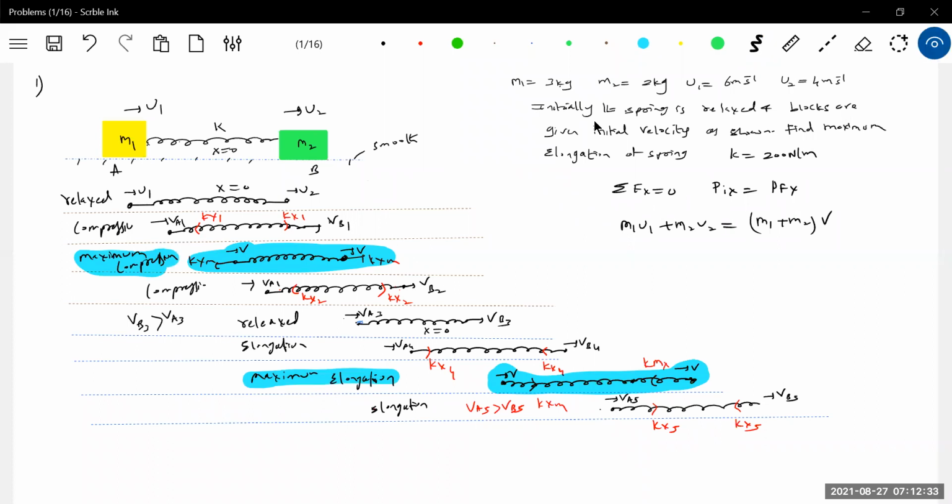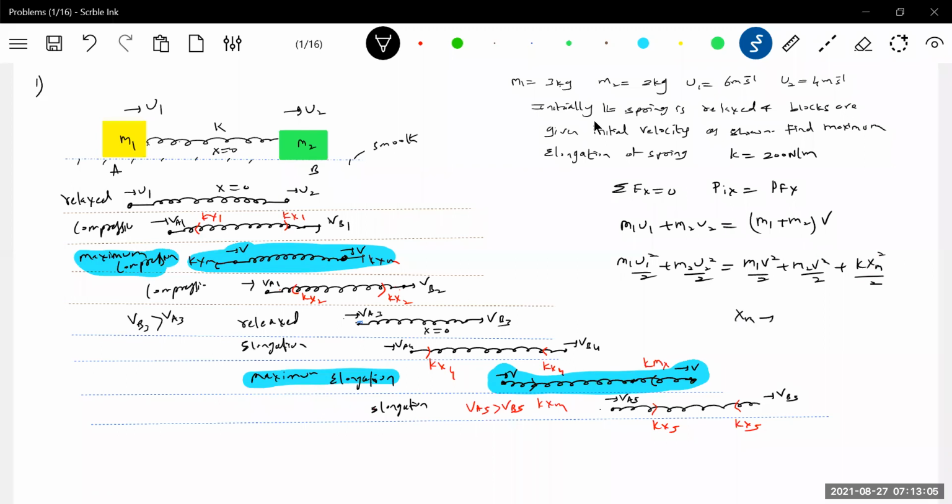Next again, how to calculate that xm? Can we apply conservation of mechanical energy? Because what is the spring force? Spring force is the conservative force. So applying conservation of mechanical energy, so we get this is about the maximum elongation.